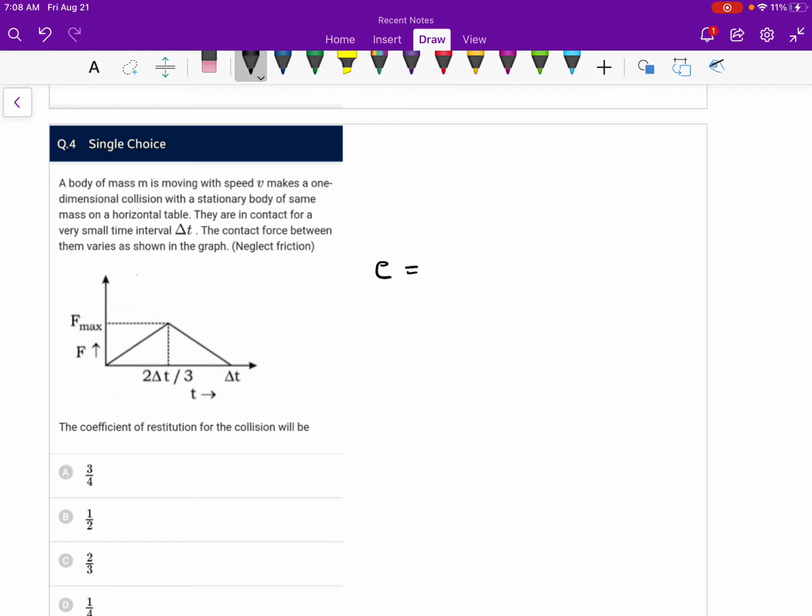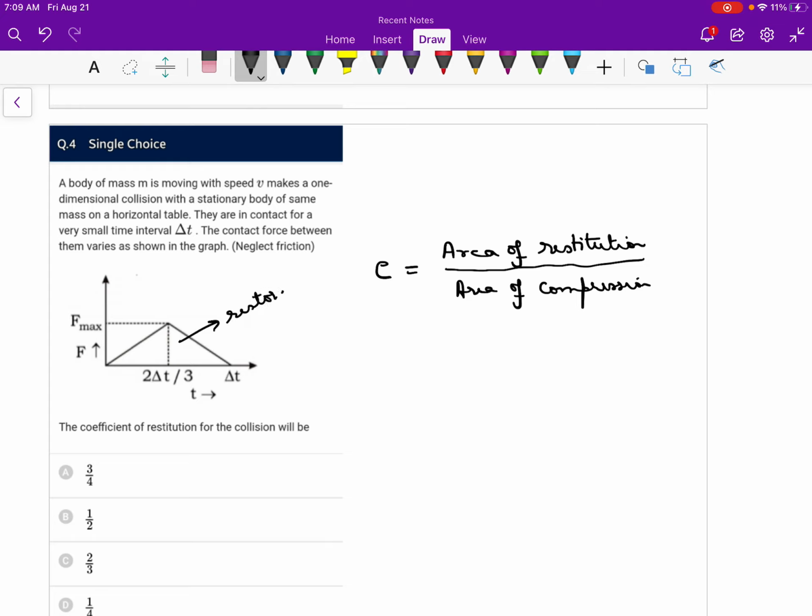So we can relate the coefficient of restitution as e is area of restitution, that is when they restore their size, upon area of compression. This part is restitution, and this part is compression.